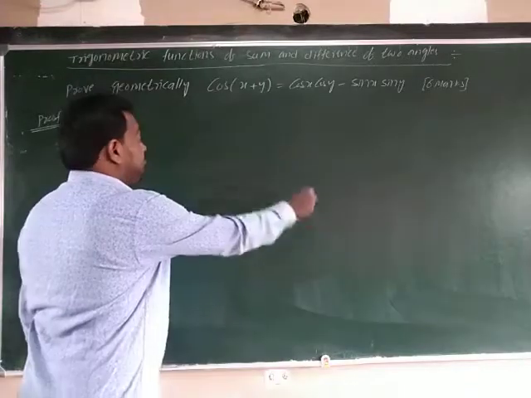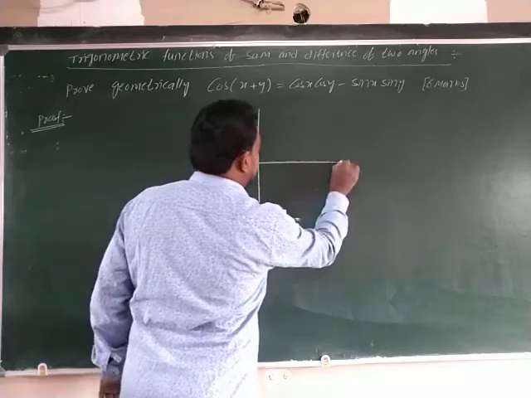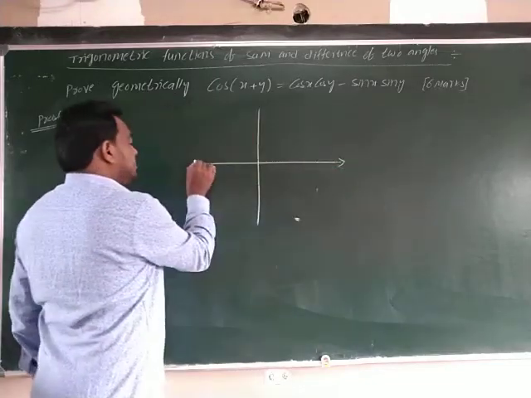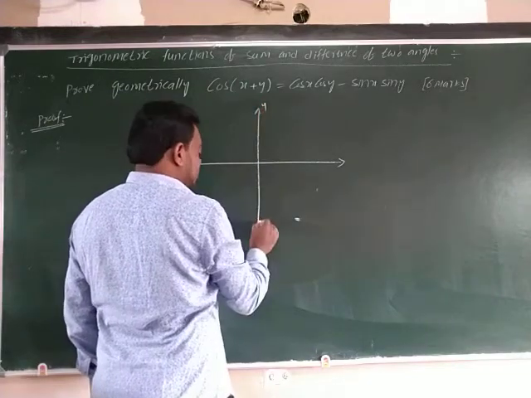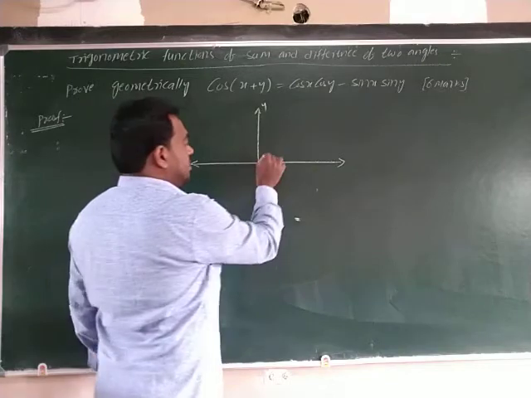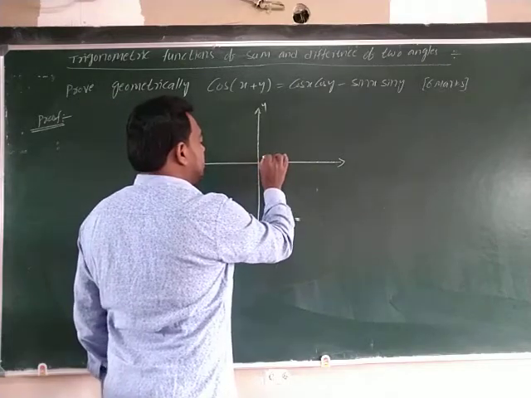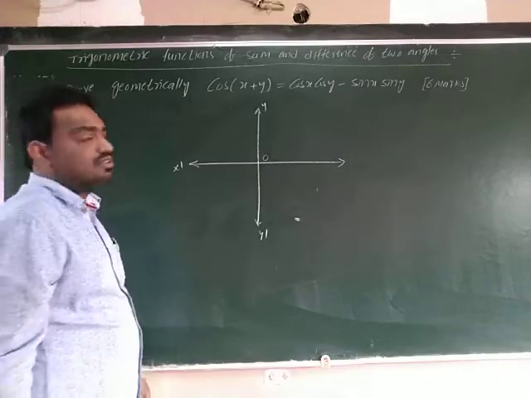Now you see. Draw a circle. Draw a unit circle. Unit circle means the radius of the circle is 1 unit. I am taking coordinate axes. Now you draw the unit circle.